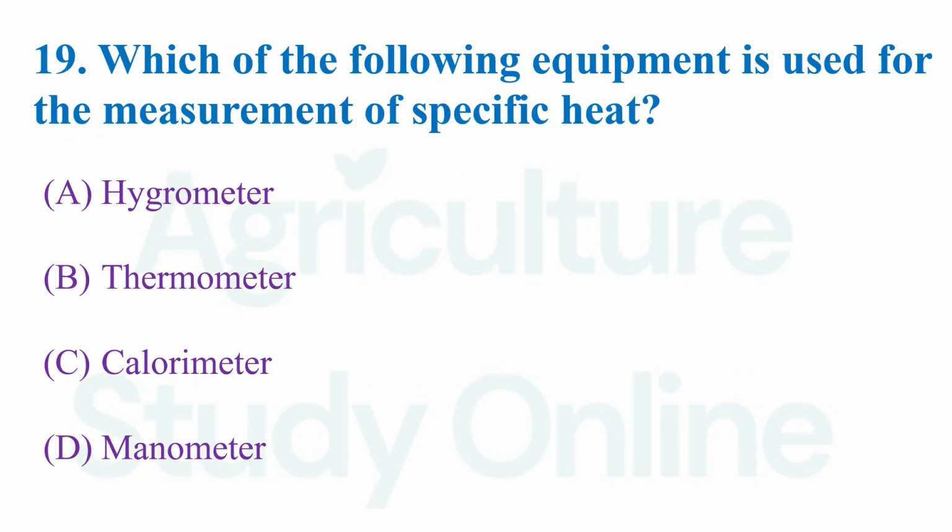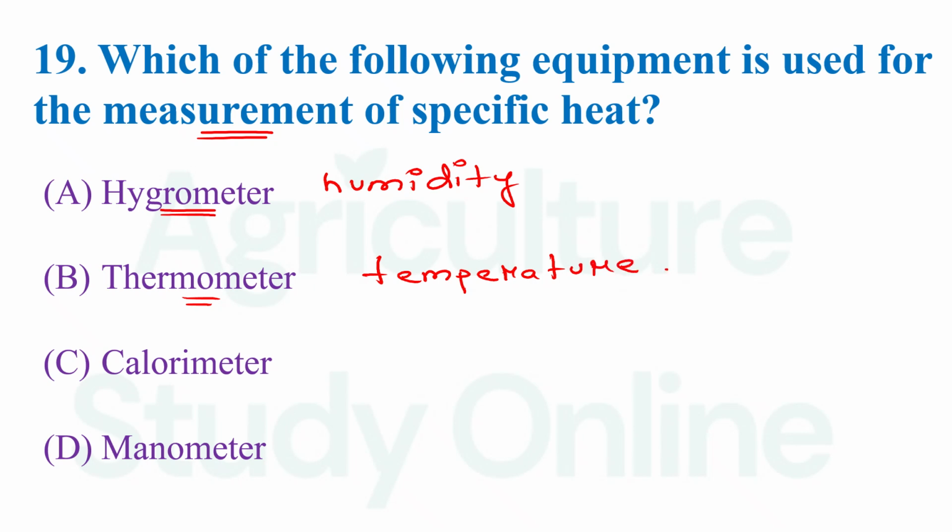Question number 19. Which of the following equipment is used for the measurement of specific heat? First one, hygrometer. It basically measures the humidity, that means the moisture present in the air. Thermometer measures the temperature, not specific heat. Next, calorimeter.